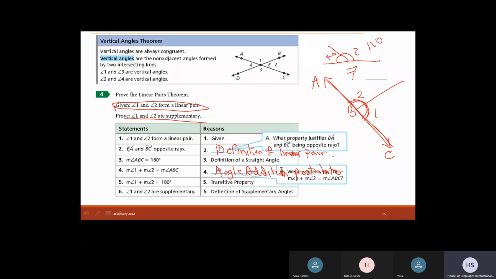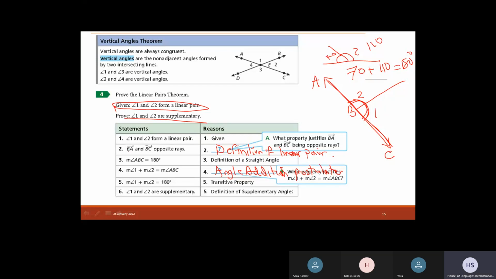You said that 70 plus 110 equals 180. You add the angles in order to find the summation. This is the angle addition postulate. And we also have the segment addition postulate. If this is 3, another line is 4, so the measure of the big line will be 3 plus 4, which is 7.